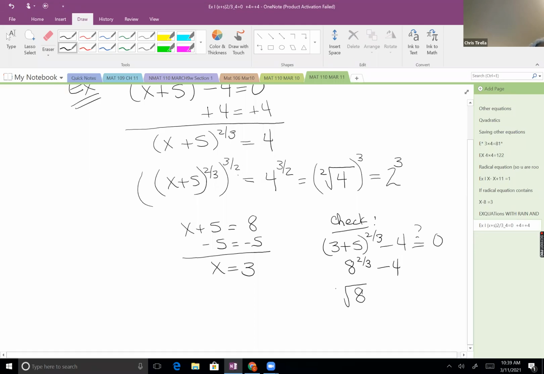The denominator is 3, so I'm taking the cube root of 8. I apologize, I misspoke. I'm so sorry, you guys. The cube root of 8 is 2, squared is 4, minus 4 equals 0. So it checks.